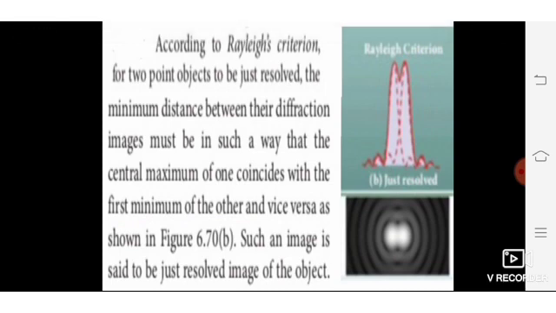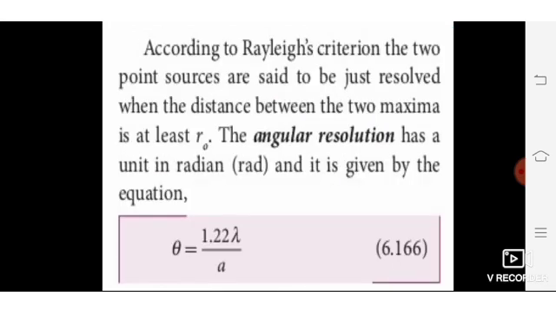That is, the central maximum of one image must coincide with the first minimum of the other. Such an image is said to be the just resolved image of the object.